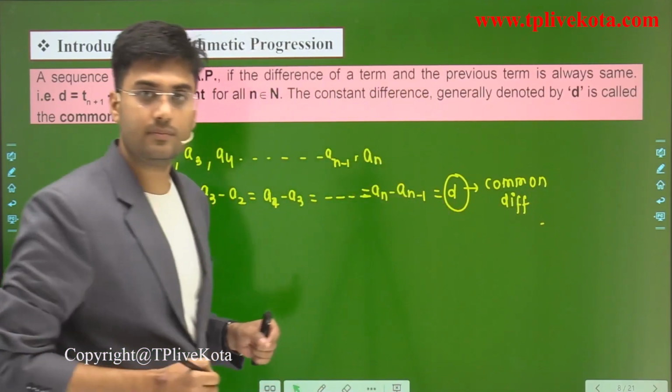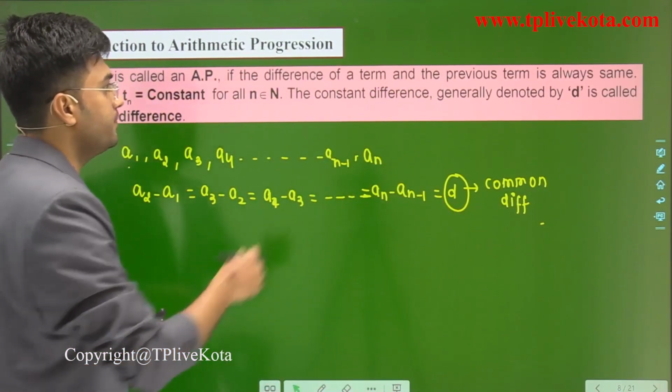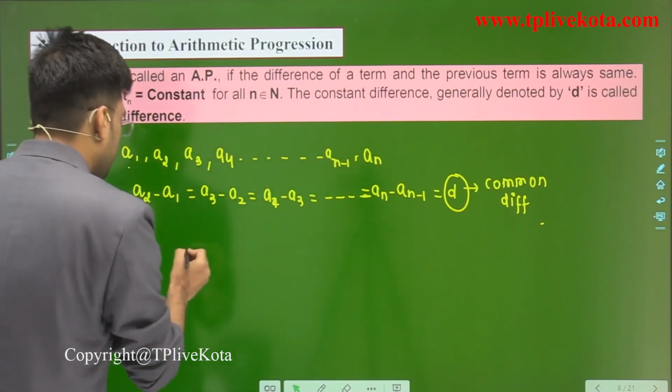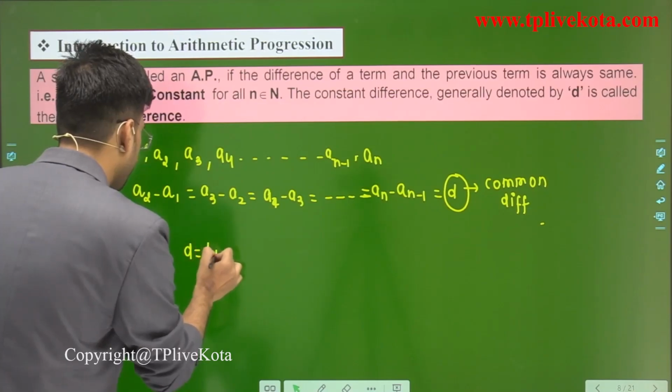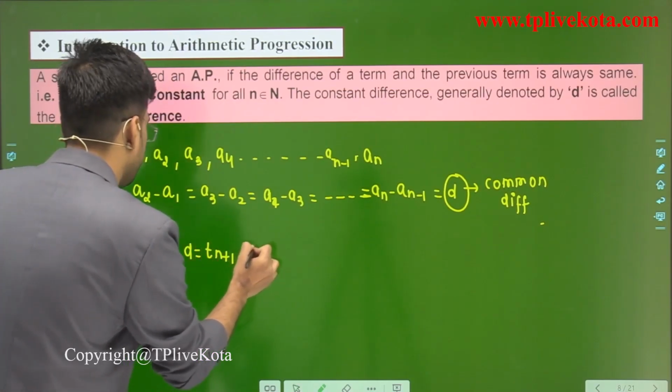Clear? Now the general formula of common difference is T(n plus 1) minus Tn.